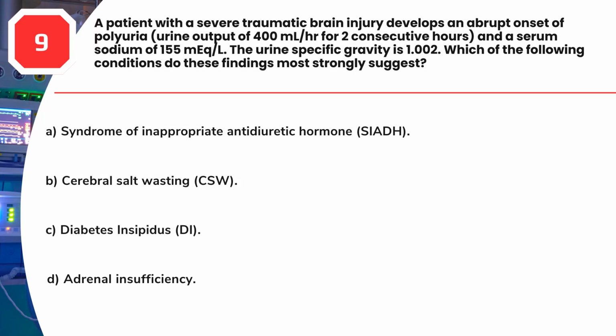Question 9. A patient with a severe traumatic brain injury develops an abrupt onset of polyuria, urine output of 400 milliliters per hour for 2 consecutive hours, and a serum sodium of 155 milliequivalent/L. The urine-specific gravity is 1,002. Which of the following conditions do these findings most strongly suggest?